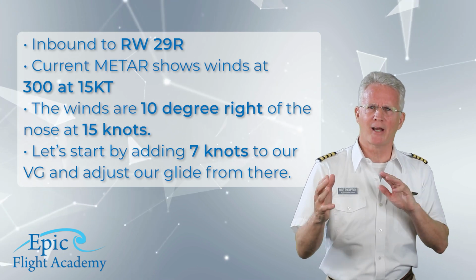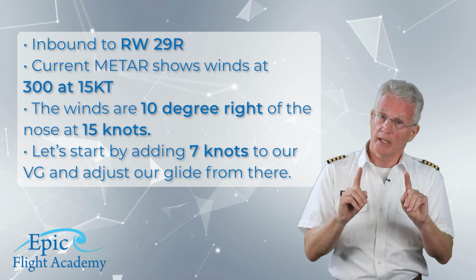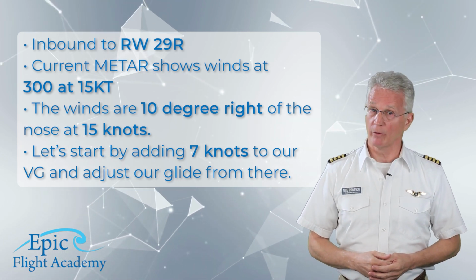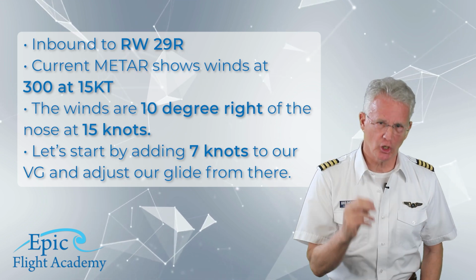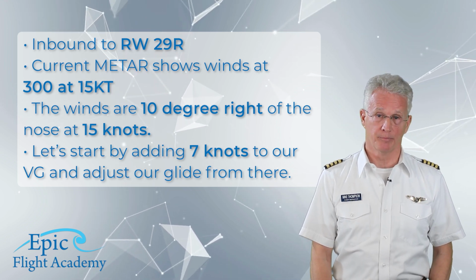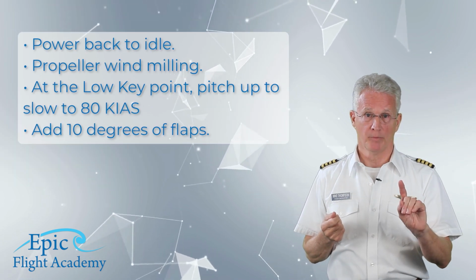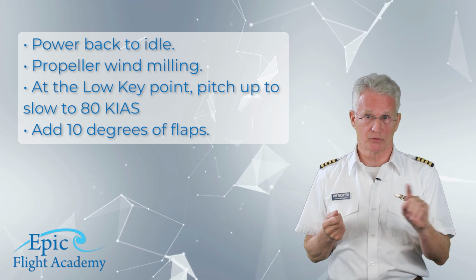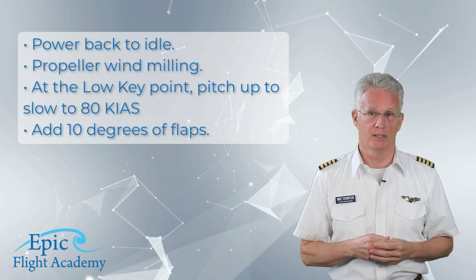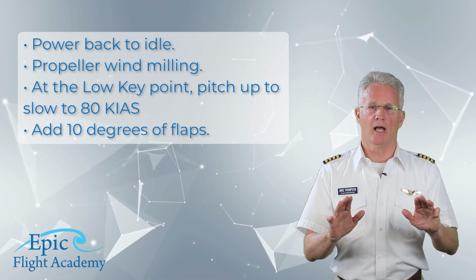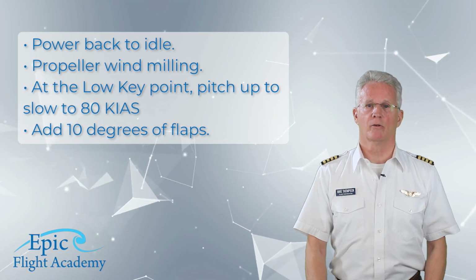Now, even though they're not a direct headwind, let's start by adding 7 knots to our VG and adjust our glide from there. So I power back to idle, the propeller's windmilling at the low key point. That's the point opposite my spot of intended landing.